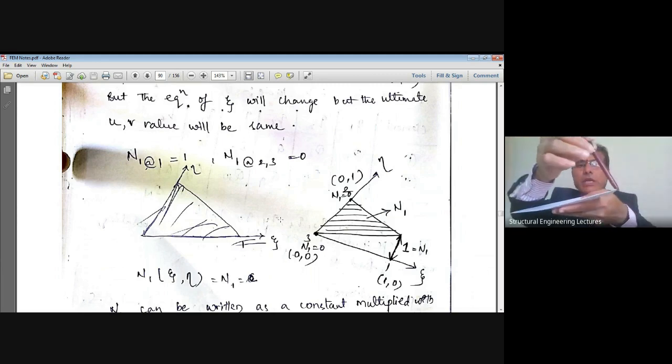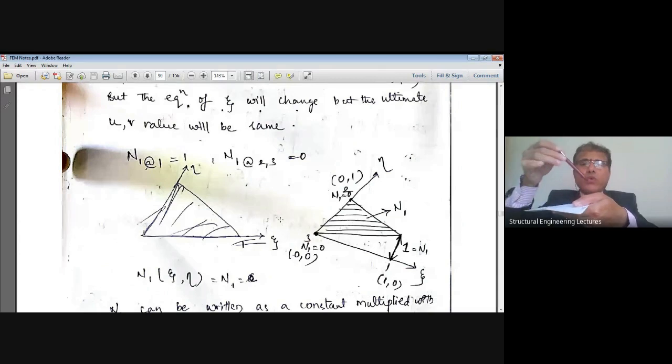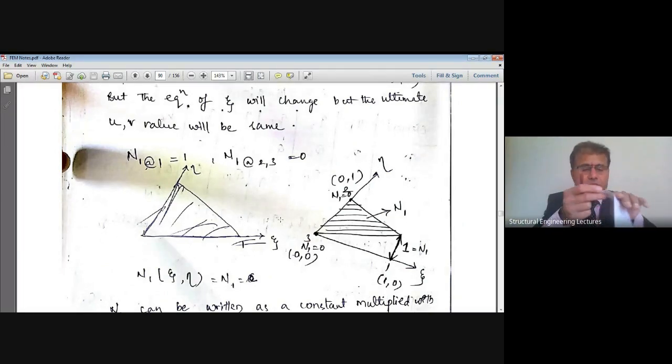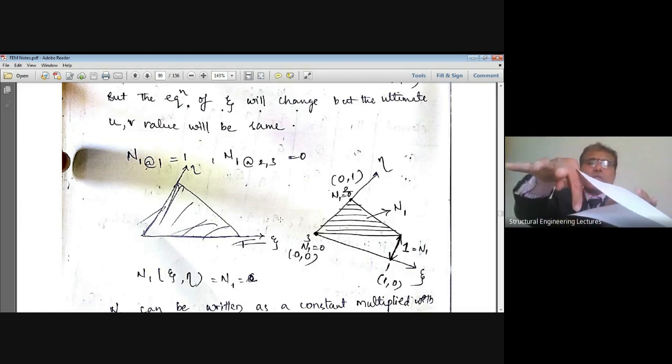It will not leave any part of that reaction or load to the other nodes 2 and 3. Therefore, if a load is applied here, the entire 100% is captured by that node.